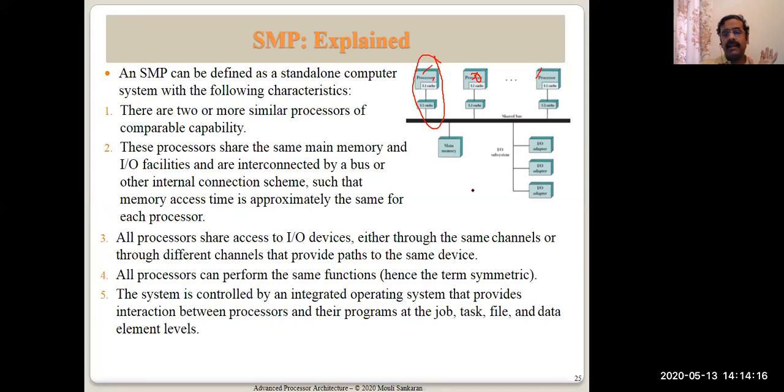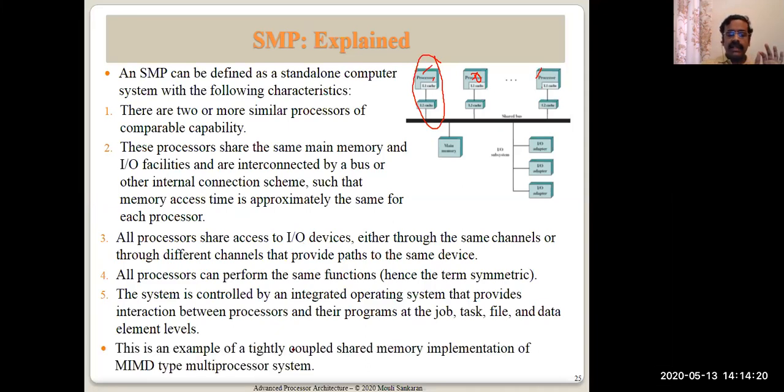It is taking care that any process running on different cores is properly handled. So this is an example of a MIMD system with a shared memory, not distributed, and having a single address space. It is a physically single shared memory and multiple cores are using it. It's called an SMP system. That's all.